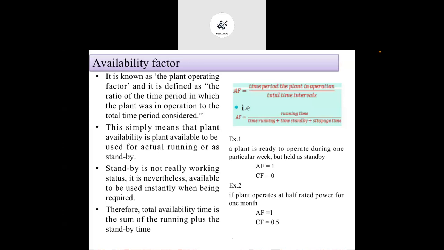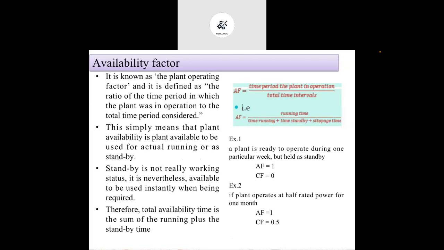So we cannot say the power plant is working continuously. Sometimes we have to stop the power plant, and it is not producing any power. So in that case we can define the availability factor. It is simply the time period for which the plant is in operation divided by the total time interval.